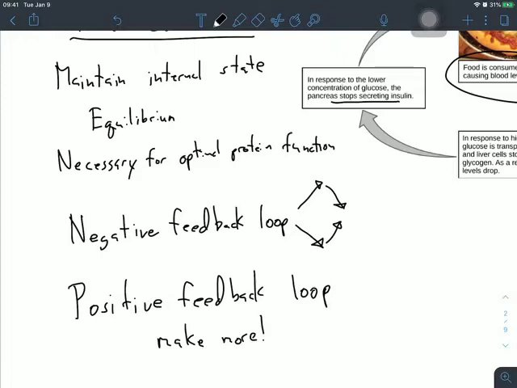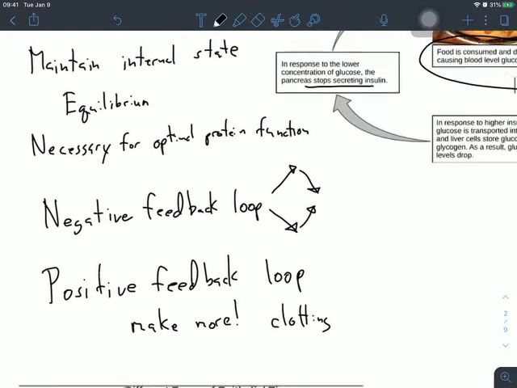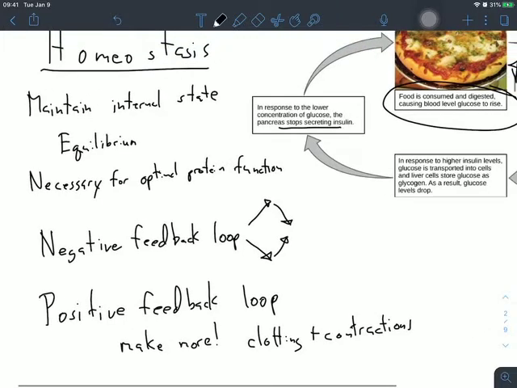So it's kind of a snowball effect. We see the snowball effect occurring in clotting factors, like when you need to make a scab, as well as contractions in childbirth. When contractions start, they keep feeding contractions up until a certain individual, or individuals in the case of twins or triplets, are evacuated from the scene.